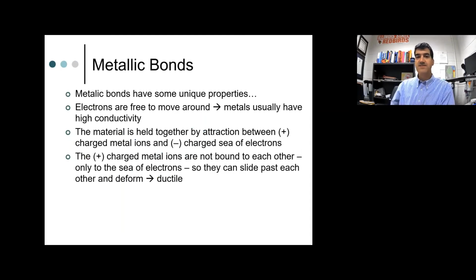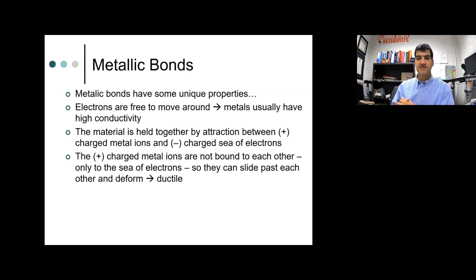So metallic bonds are a little different than ionic and covalent bonds because of that sea of electrons. The whole material is held together due to the attraction between the metal nuclei and the sea of electrons. So that's what's actually bonding together.